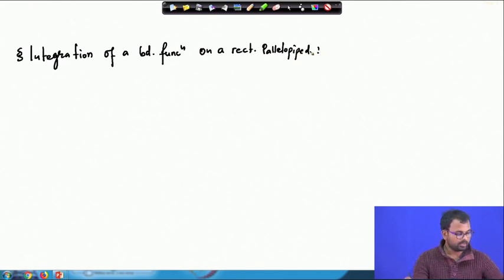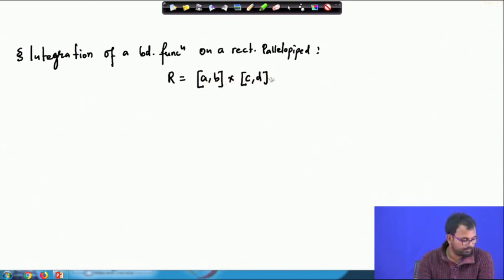It is given by R equals [a, b] times [c, d] times [e, f]. By the way, this f here and the function f are two different things. This f here is basically a real number, and that f denotes the function of x, y, z.